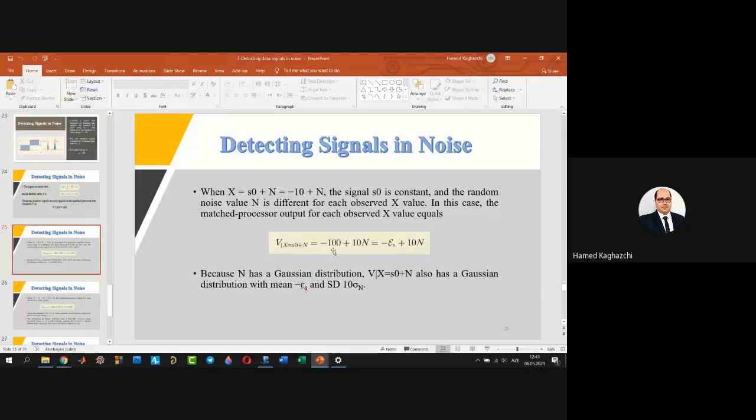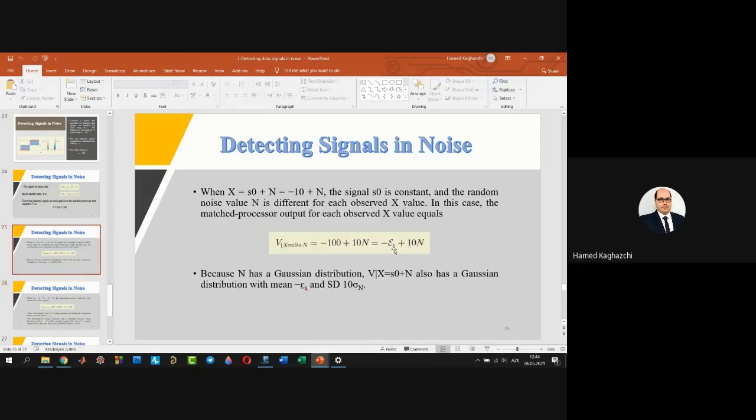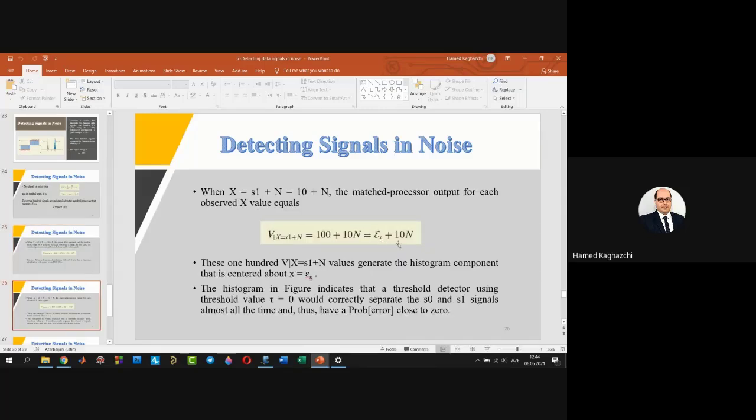And if I substitute into the formula, I find minus 10 plus n, and if x is S1 plus n, I will have plus 10 plus n. Now I have two signals, minus energy of signal plus n and plus energy of signal plus n.